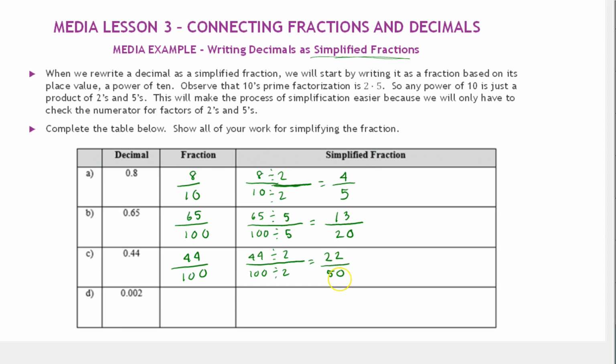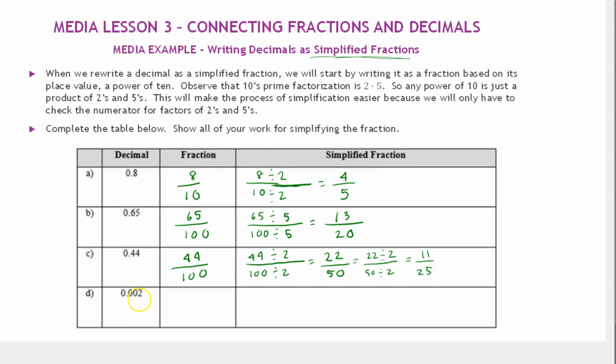So we still have a factor of 2 in the denominator. I know that because it's even. And we still have one in the numerator because it's even. So I should keep dividing. So 22 divided by 2 over 50 divided by 2. That gives us 11 over 25. So now the denominator is just factors of 5. 11 is prime. So I can't simplify this anymore, and it's completely simplified.